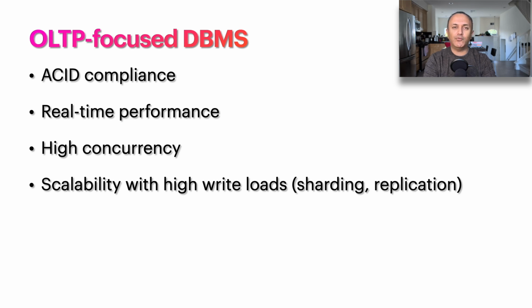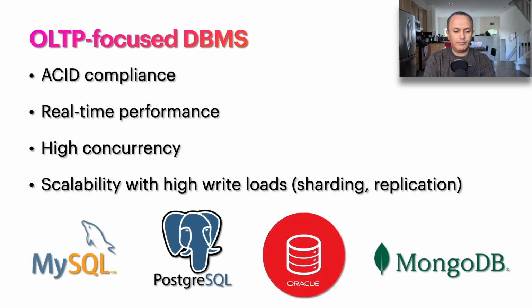To support that, it needs to handle things like sharding or replication, which are features of distributed databases in general. And finally, some examples of database systems that support these features are MySQL, Postgres, Oracle, and MongoDB as well. All of these are some of the very common examples of OLTP databases.